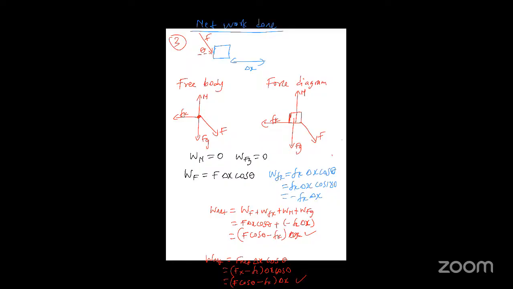Okay, guys, here are the two problems that I want us to do before we go.